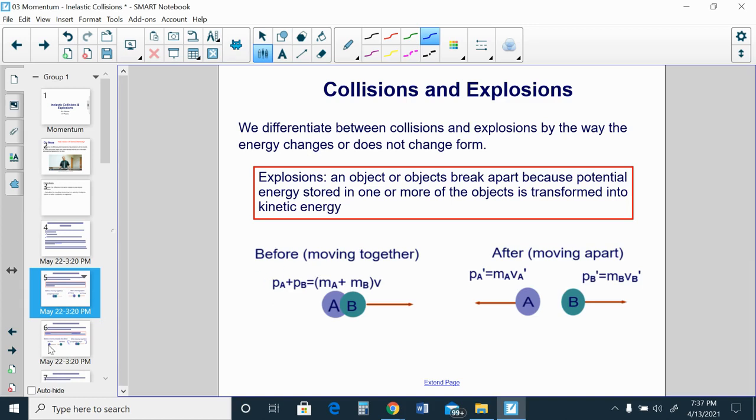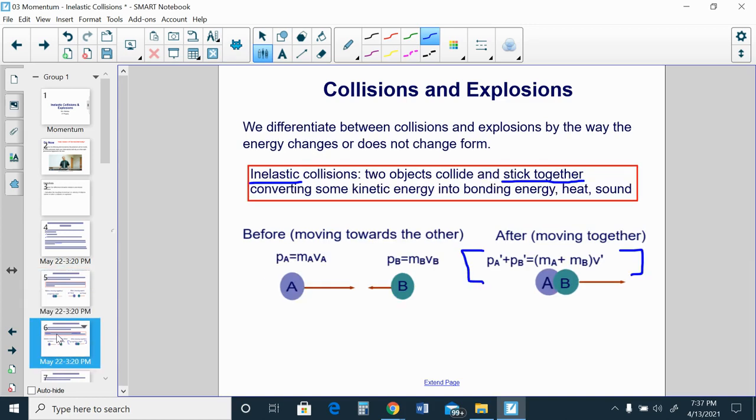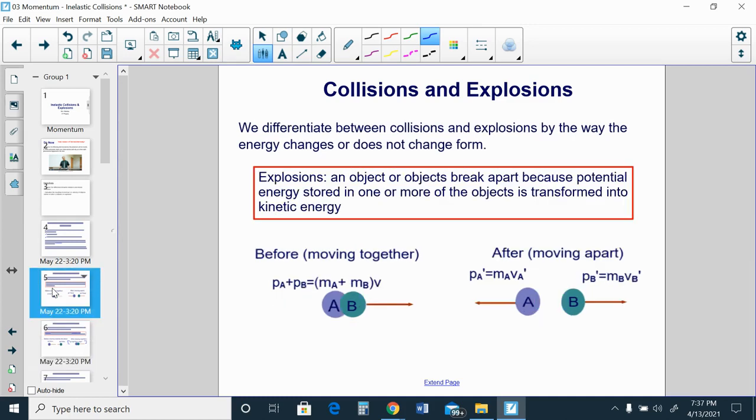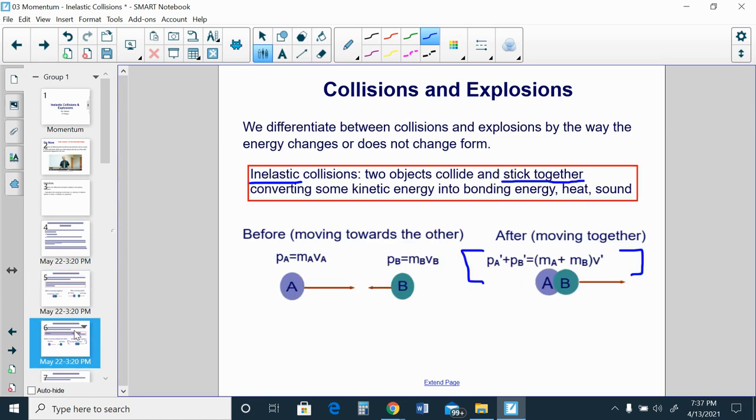An explosion and an inelastic collision are pretty much opposites of each other. In an explosion, they're together and then they break apart. Here, they're moving towards each other, they are apart, and then they stick together. So we see this equation again, where the sum of the momentum of each object is equal to the sum of the masses times the velocity, since they are now moving together as one.